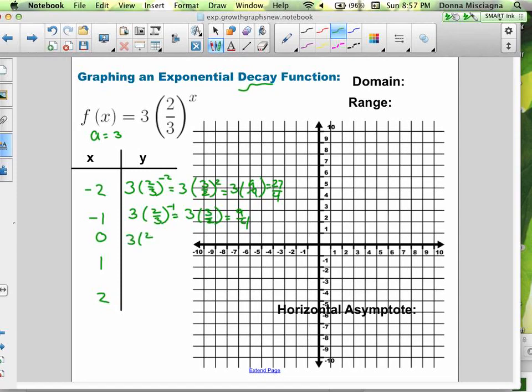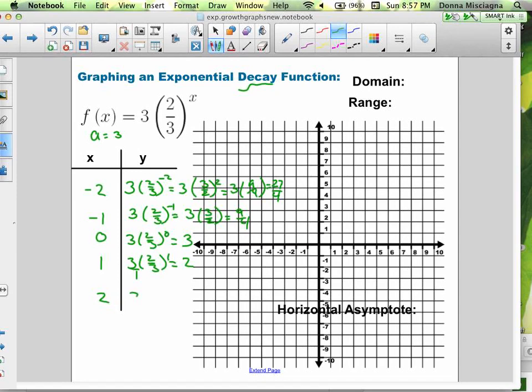3 times 2/3 to the 0 is just going to be 3. 3 times 2/3 to the first power is going to be 6/3, which is just 2. The 3's would cancel.